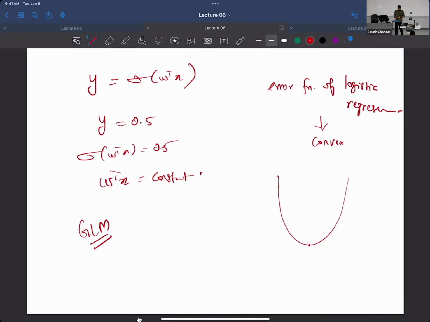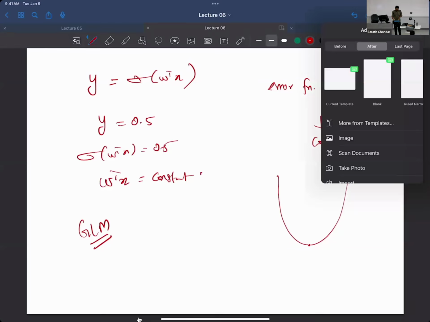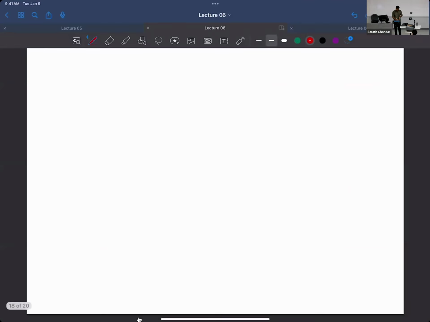So we're going to look at another iterative optimization method, which is called Newton-Raphson, which converges much faster than gradient descent when you have convex problems. This is called a second order optimization method, while gradient descent is a first order optimization. So why do I call it first order and second order? We're going to see that soon.